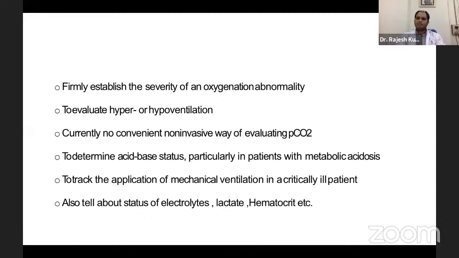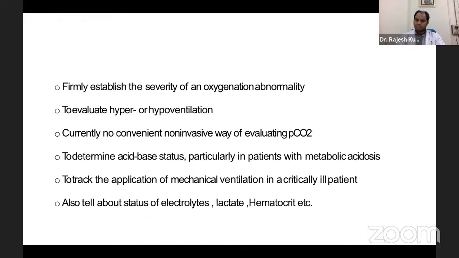If it is more than that, your patient is absolutely fine. If it has a PF ratio of less than 300, it comes in the category of ARDS. You can categorize it according to the Berlin definition, like PF ratio less than 300, 200, 100.